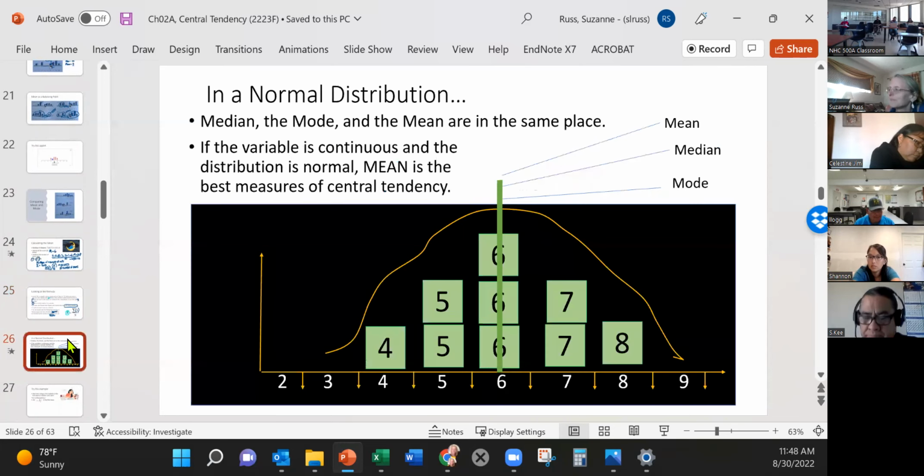Okay, one more comment, and then I'll give you an example to do and we'll move on. So if the distribution is normal, and remember, by normal, we mean symmetrical, it can divide in half evenly, then mean, median, and mode are going to be approximately the same. Not exactly, but they're going to be really close in a normal distribution.